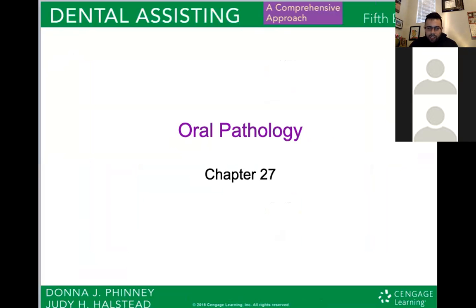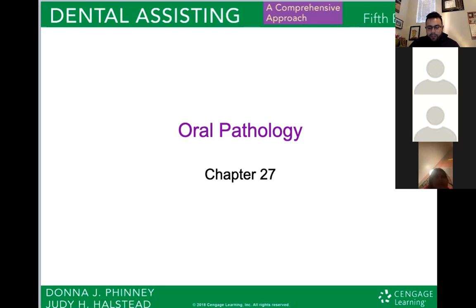We'll go over some objectives before we begin. In this chapter, we'll define pathology and identify the dental assistant's role in this specialty. We'll characterize the process of inflammation, including acute and chronic inflammation. We'll identify oral lesions according to placements. We'll identify oral diseases and lesions related to biological, physical, and chemical agents.